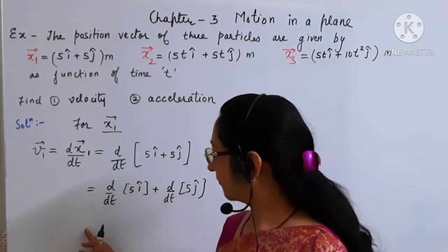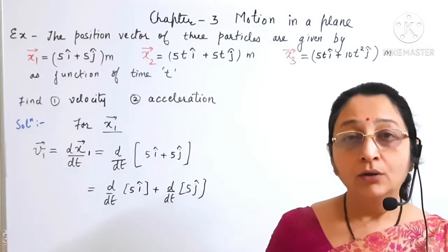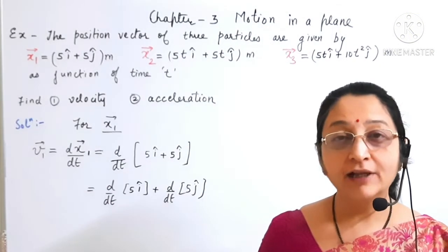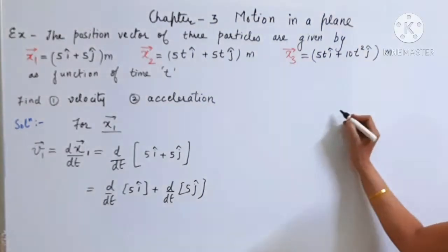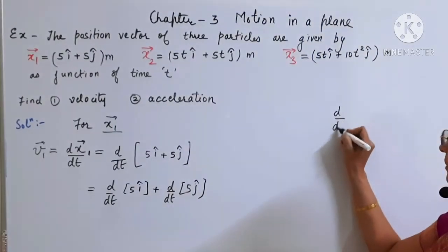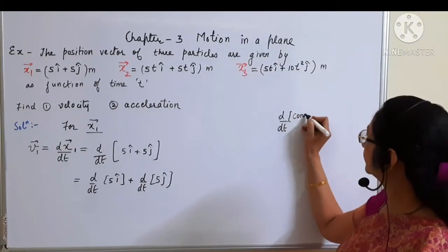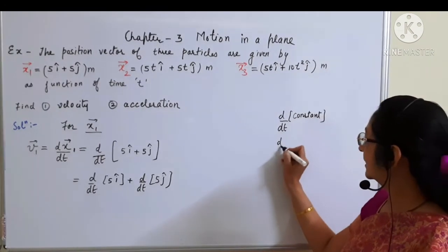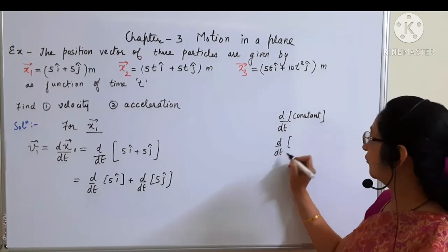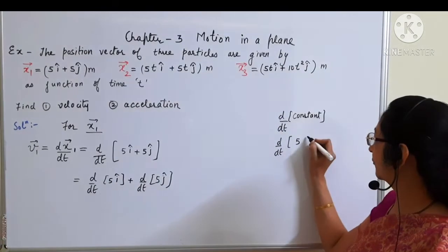Now, according to the rules of differentiation in mathematics, we know that the differentiation of a constant, that is a number, supposing this is 5.